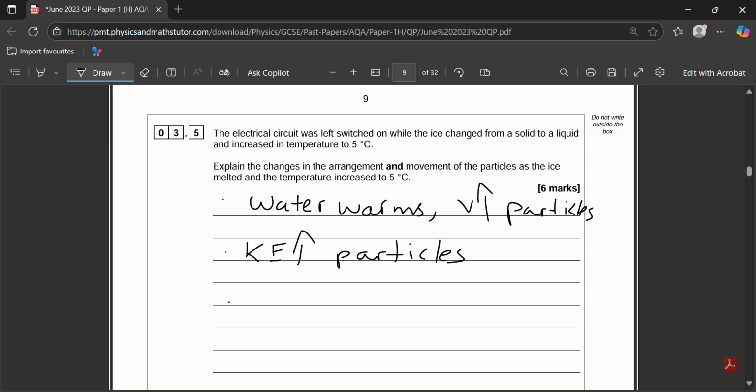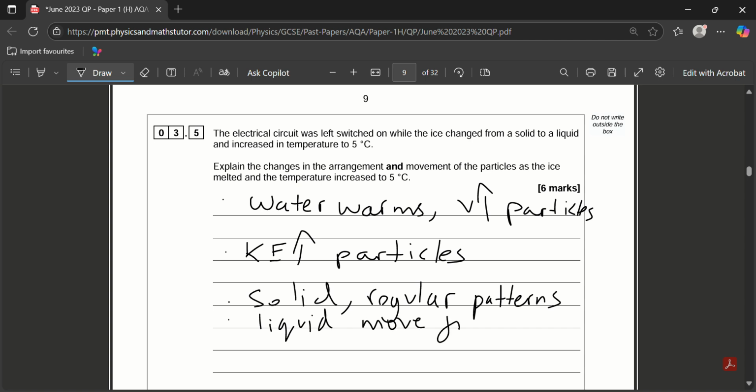Now about the arrangement and movement in a solid, in the ice, the particles are arranged in regular patterns. In a liquid, they move freely, but also in liquid, randomly arranged, or we can just call it random arrangement. That's the better term they want us to use.